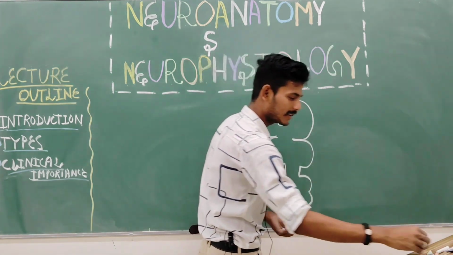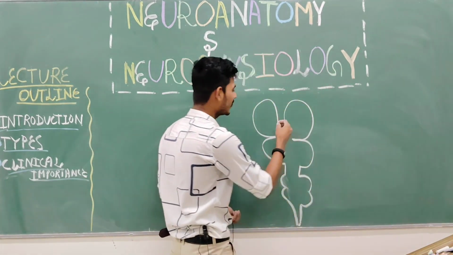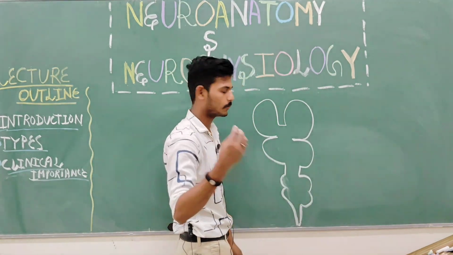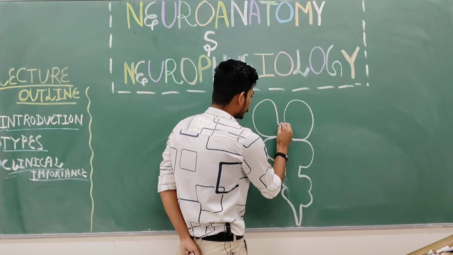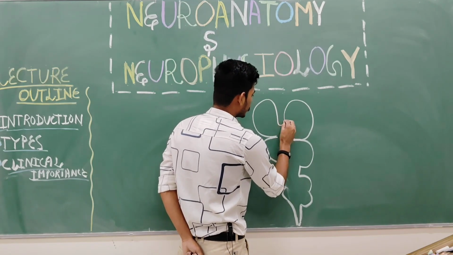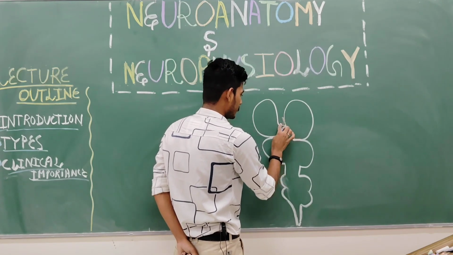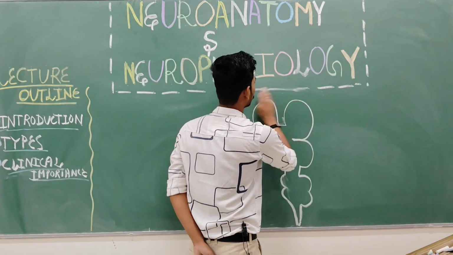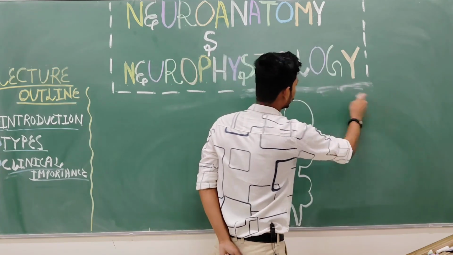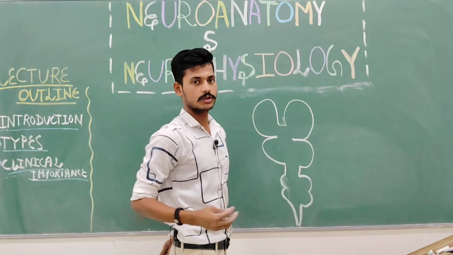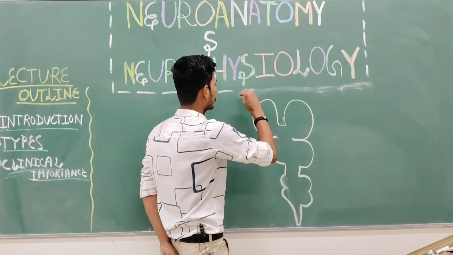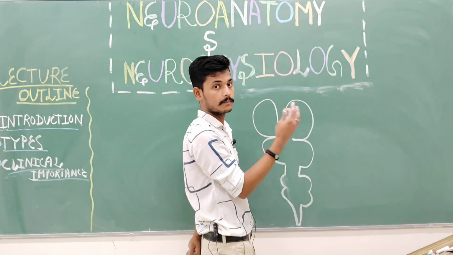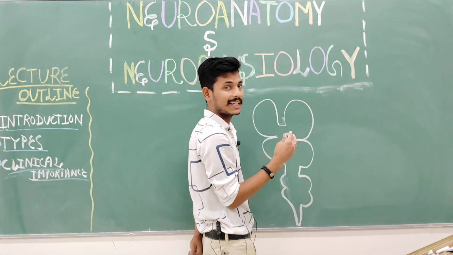Now let's come to the lecture, okay. I am starting from the inner to outer. Leave this inner layer, start from the outer layer. See, in the topmost part of your brain, as I said, there is the brain box, or we can say the cranium.